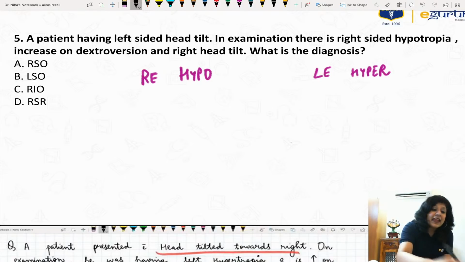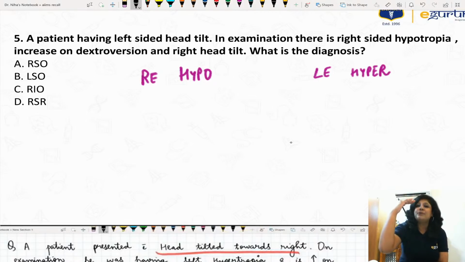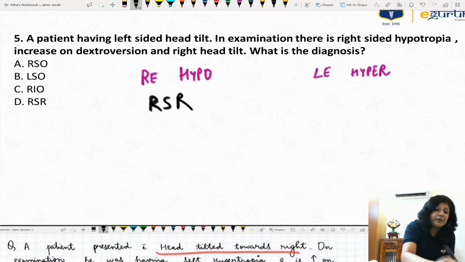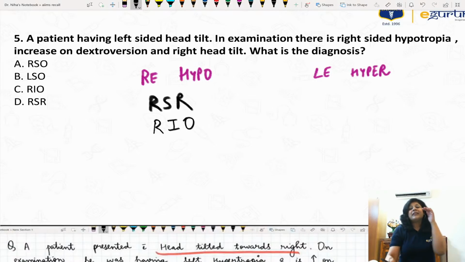So if I say that there is a right eye hypotropia, that means elevators have paralyzed. So right eye superior rectus can be paralyzed, or the right eye inferior oblique can be paralyzed. If I am saying left eye hyper, that means depressors of the left eye have undergone paralysis.